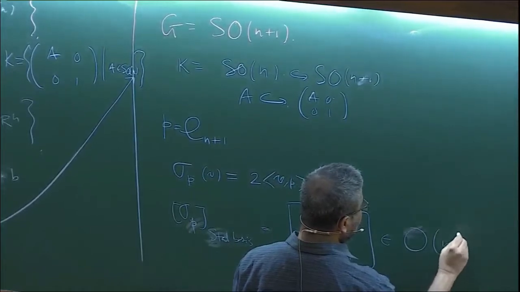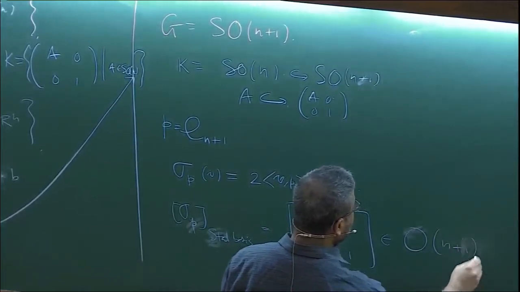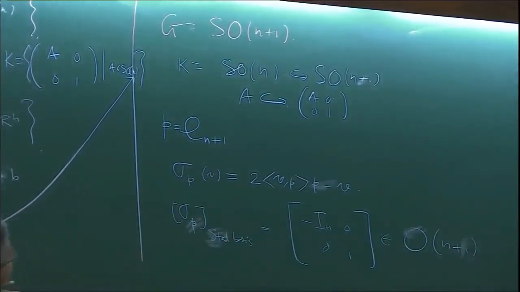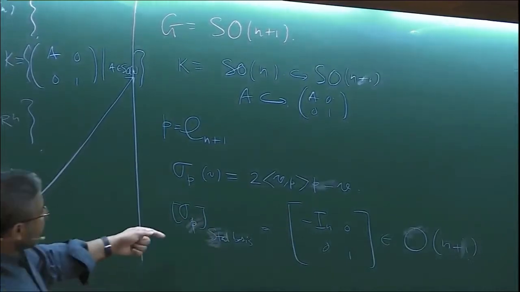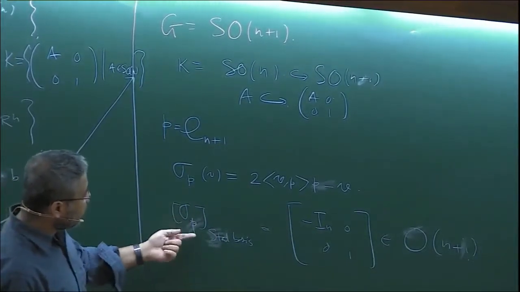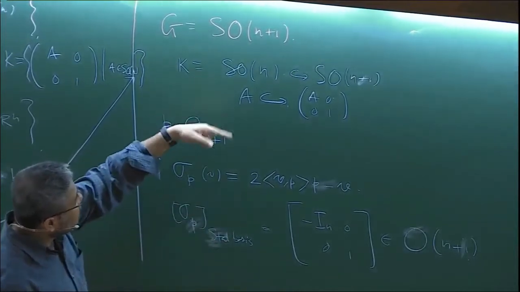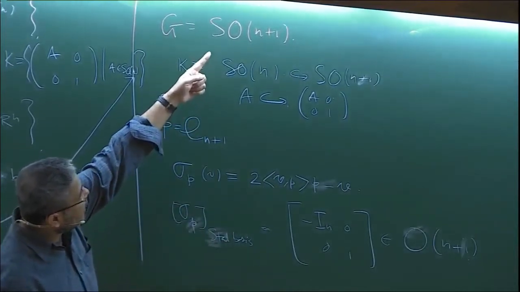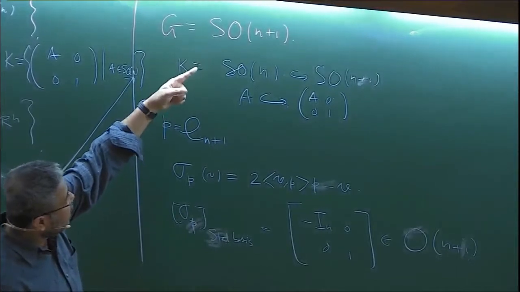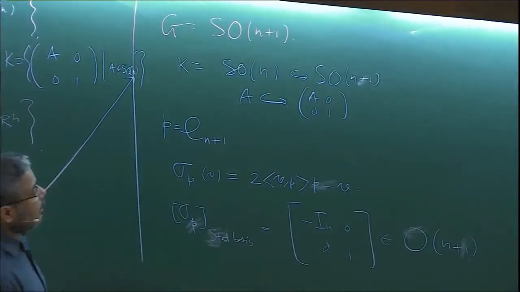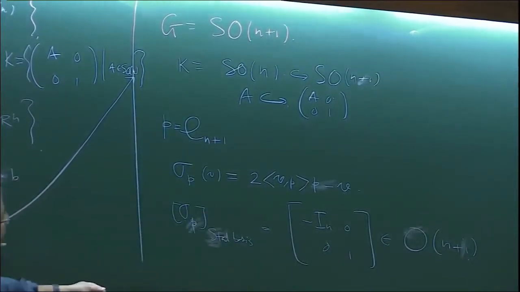This is an element in O(n+1). You recall that I was conjugating; this is the symmetry. A symmetry is a linear map here, and symmetries are identified with elements of O(n+1).